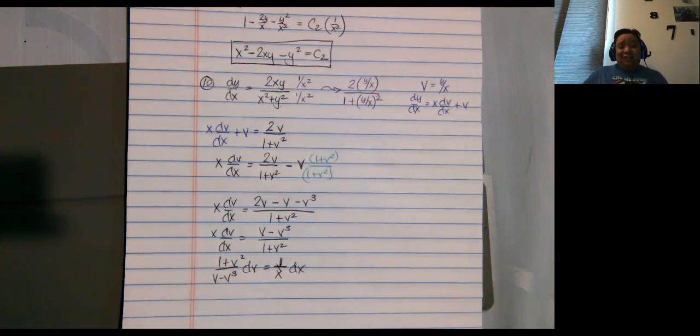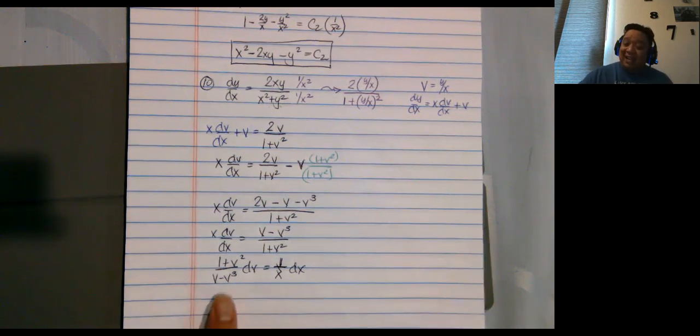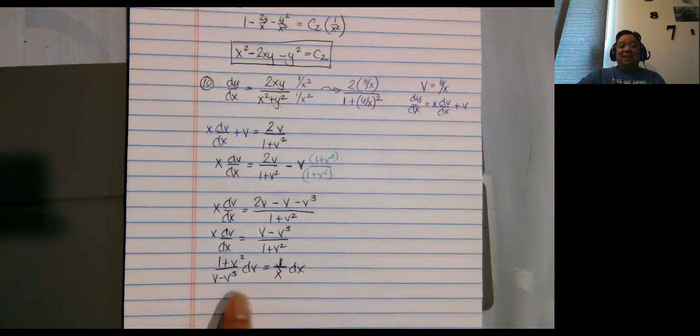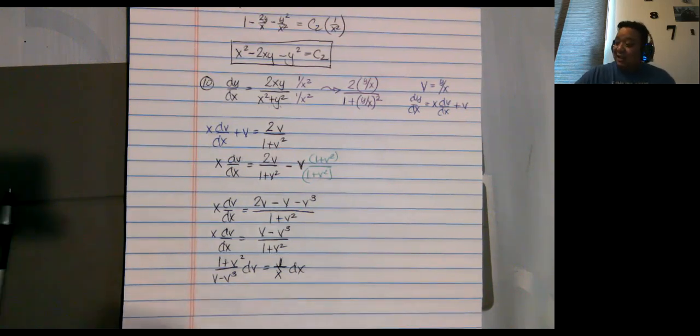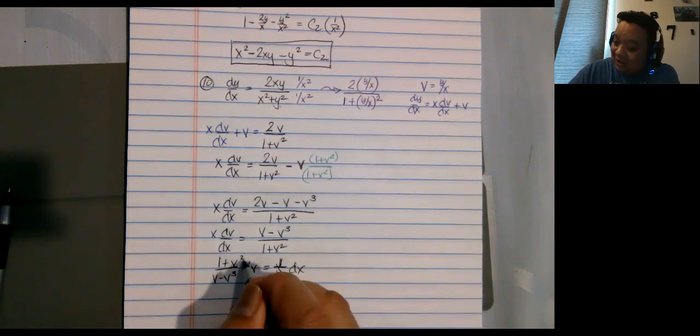Now, I'm not going to actually integrate this one, but tell me, how would I integrate the left side? Any suggestions?